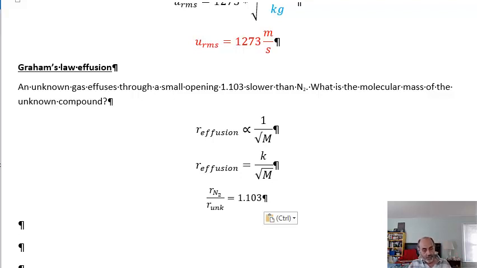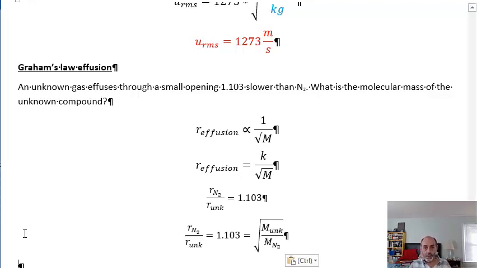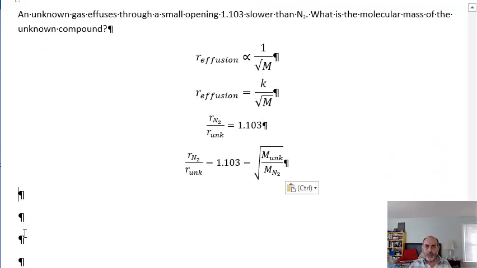So like we did before, to get rid of the constant, you can algebraically do this. So now we have, I put in the number for the relative rates. We can rearrange this thing for the unknown and put in our values that we know.